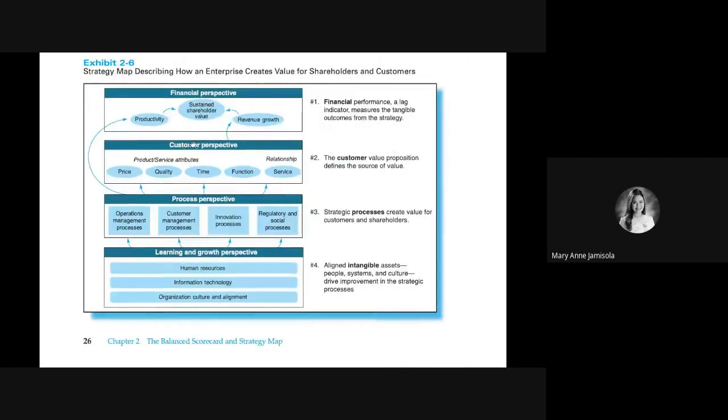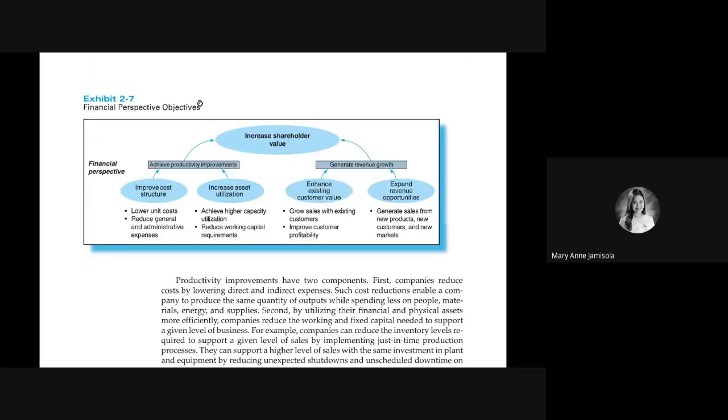Okay. So if we look at these perspectives one by one, let's start with the financial perspective. Again, we want to increase shareholder value through productivity improvements and growth of our revenues. So how do we achieve these objectives? So these are merely examples.